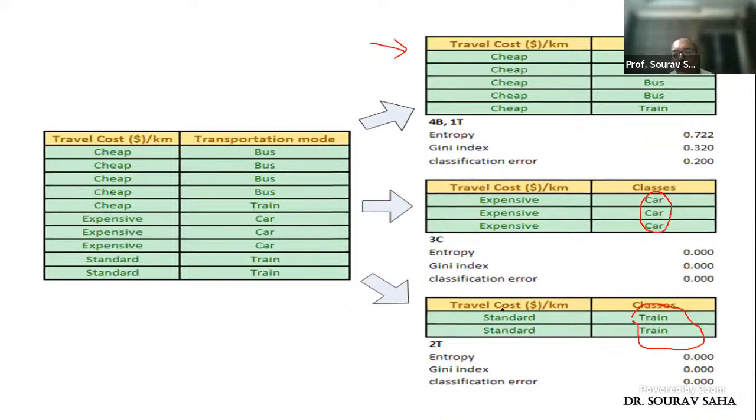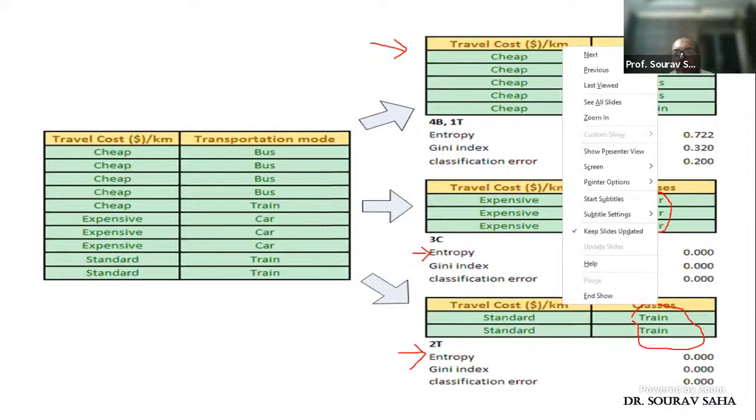And if you calculate the impurity value, irrespective of whatever impurity value that you are using out here, the impurity value is 0. Right? Entropy, Gini index, classification error, all the 3 are giving 0, 0, 0. Right? For the travel cost expensive and the travel cost standard. Right? So already by splitting on travel cost, there are 2 nodes which have completely attained homogeneity.